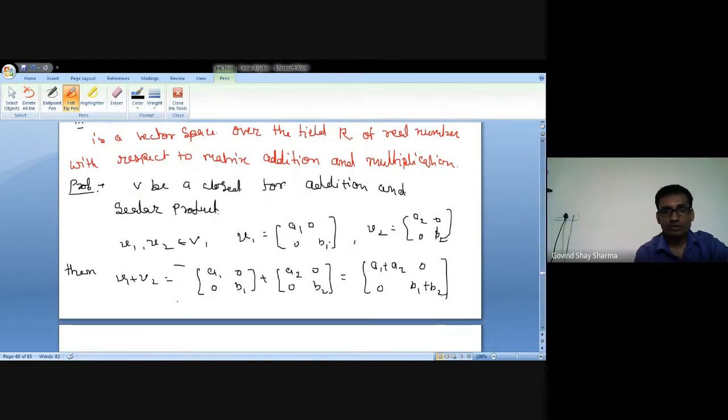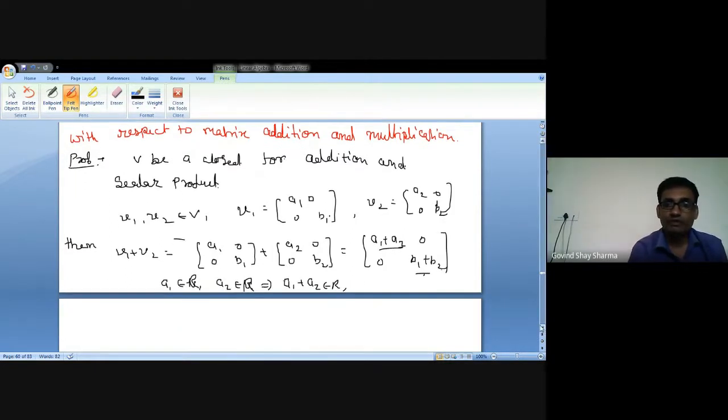Because A1 belongs to V, A2 belongs to V, and this is a real number. So A1 plus A2 is also a real number because the sum of two real numbers is always a real number. Similarly B1 plus B2 is also a real number, and we have the element where A and B are real numbers.